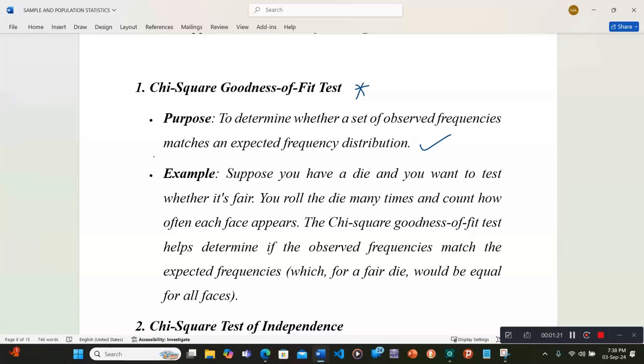You roll the die a number of times and count how often each face appears. Then the chi-square goodness of fit test helps determine if the observed frequencies match the expected frequencies, which for a fair die would be equal for all faces. So this is one scenario where we can apply a chi-square.